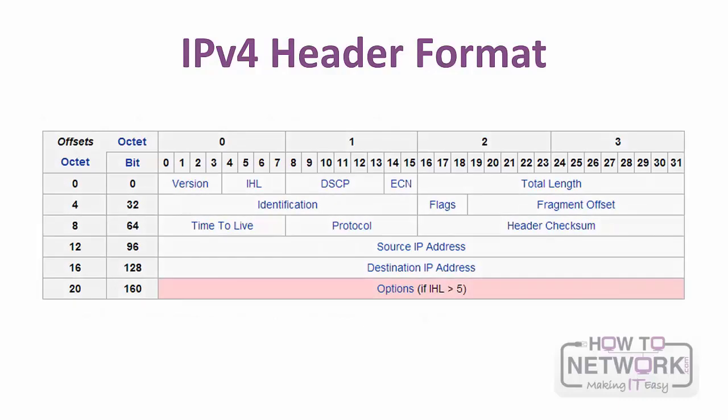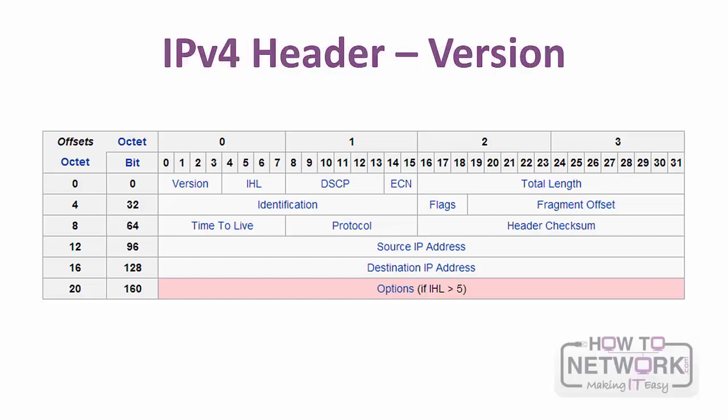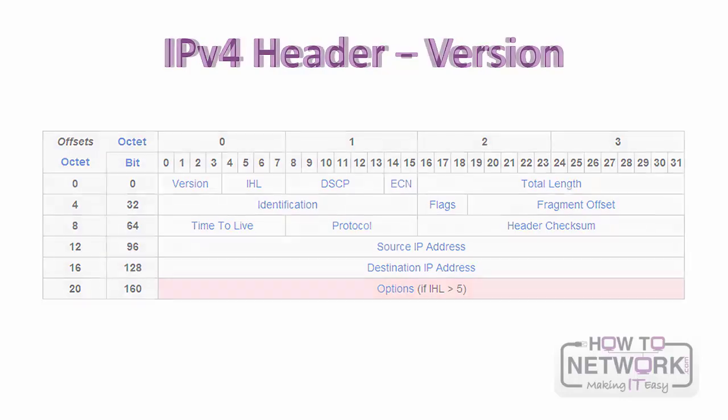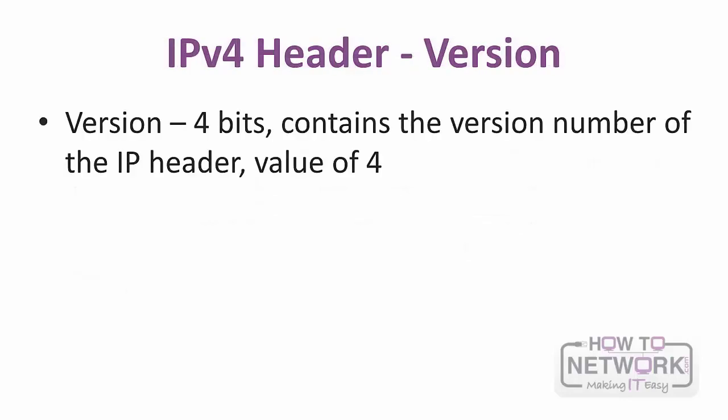You may be familiar with the structure of the IPv4 header, or at least with some fields in it, but to help you better understand the IPv6 header, we will first review the fields in the IPv4 header. The first header field is the 4-bit version field. For IPv4, this has a value of 4, hence the name IPv4.